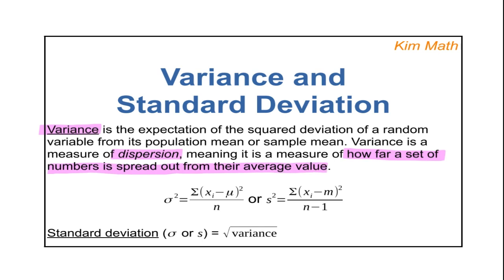And variance is defined by: you must find the deviation, which means individual value minus mean, then squared, then add them all and divide by n. Okay, that is the variance.